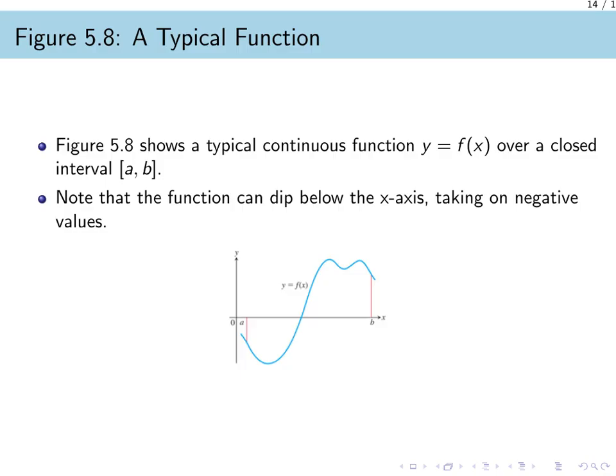Notice how the curve dips below the x-axis for part of the interval. In this region, the value of f of x is negative. This is a critical point to keep in mind. As we move forward to approximate the area between the curve and the x-axis using rectangles, this will lead us to the concept of signed area, where regions below the axis contribute a negative value to the total.